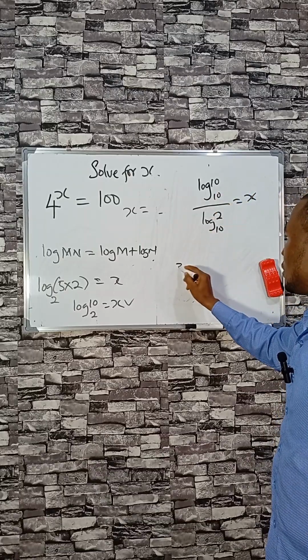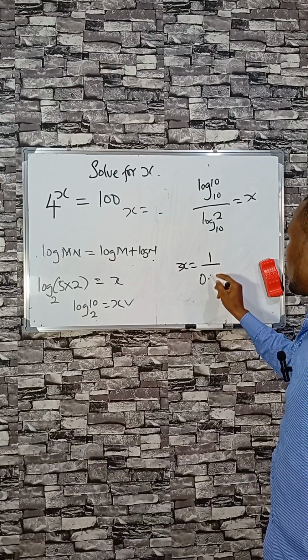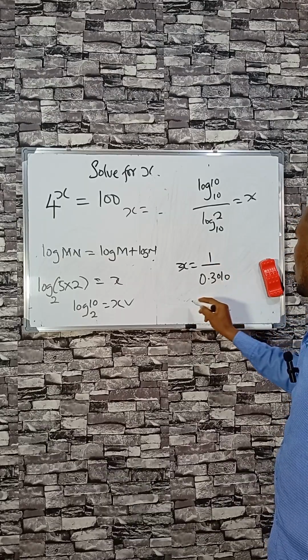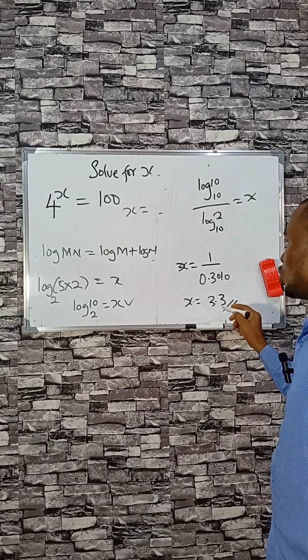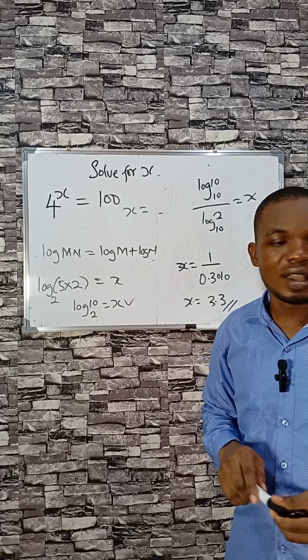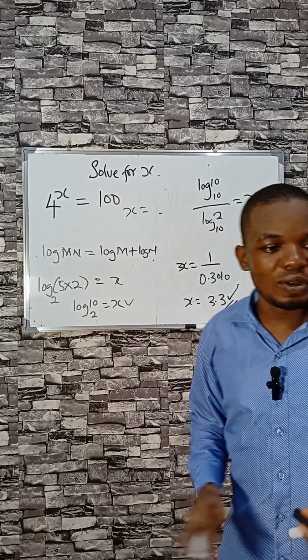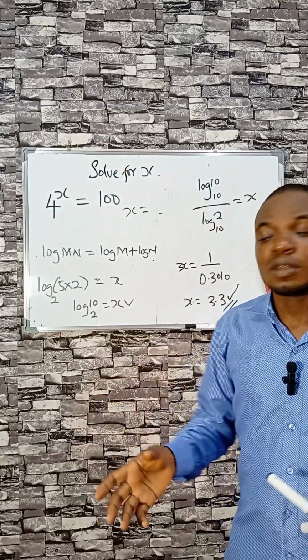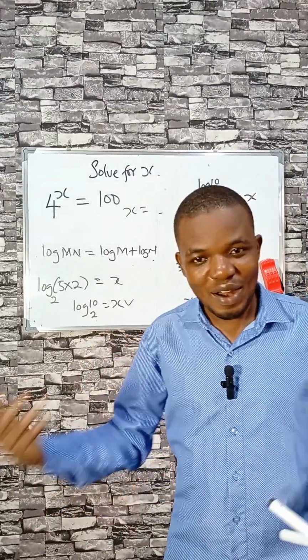Log 10 base 10 is 1. Log 2 base 10 is 0.3010, and the value of x here is 3.3 something. Use your calculator and check. This is the value of x, the final answer. But if you stop at the previous answers I gave, you are still correct. But if you have the patience of coming down here, you are very, very correct.